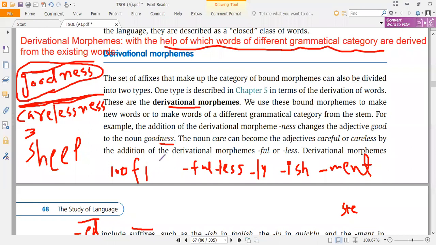The plural morpheme is there, but there is no morph to indicate it. So this is what we call zero morph, or zero mark.